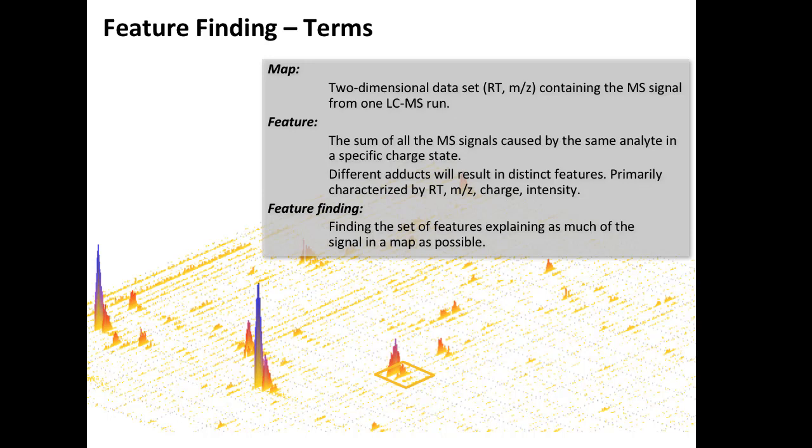Okay, so feature finding is a process of figuring out what comes from one analyte, and I should say that it's not exactly correct. There can be one analyte that is spread over several features. Can you imagine why that is? Adducts in metabolites, so in proteomics it's less frequent, but also different charge states. You can see the same peptide with a +2 and a +3 charge, and you can easily imagine, well, you have one feature here and one feature there.